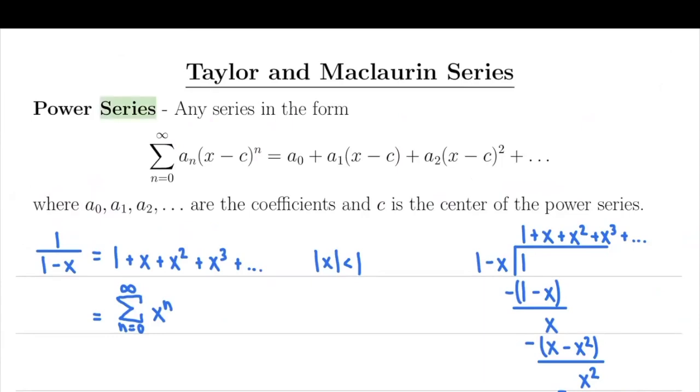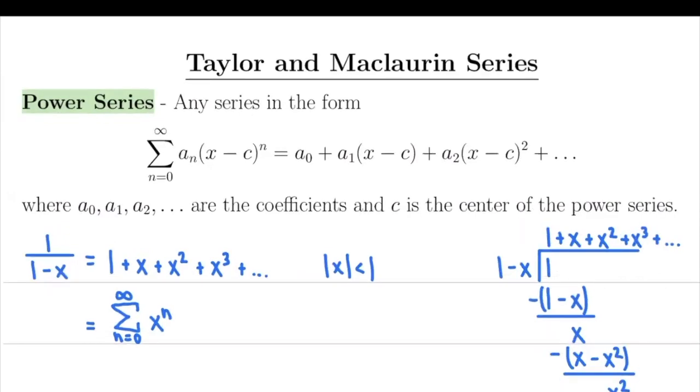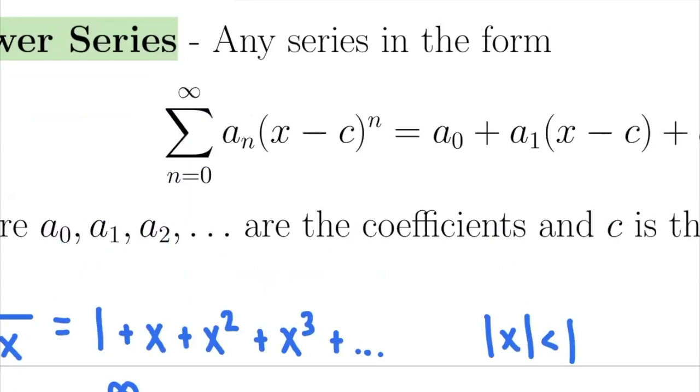Let me highlight this because it's really important. So a power series is any series in the form of the sum of a sub n times x minus c to the power of n as n goes from 0 to infinity. So we typically begin the index of a power series at 0.